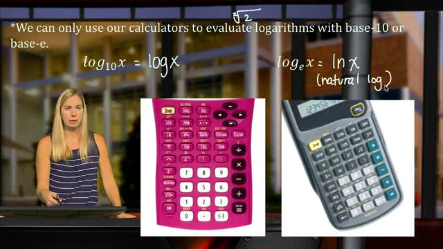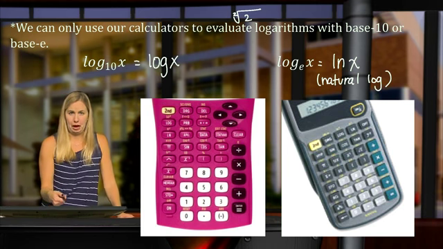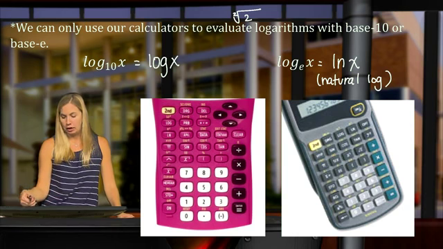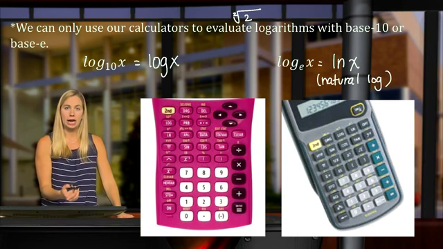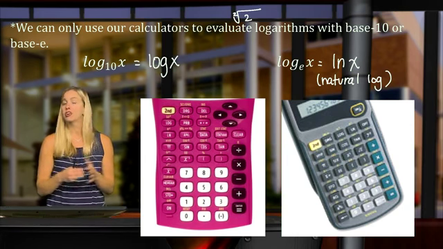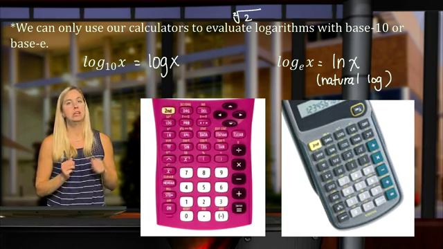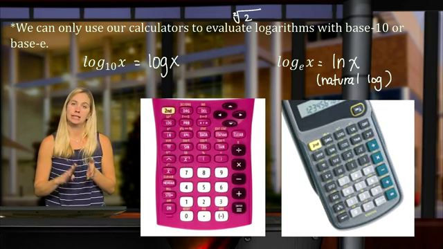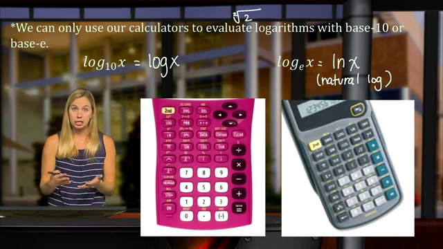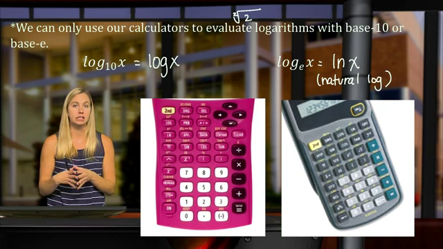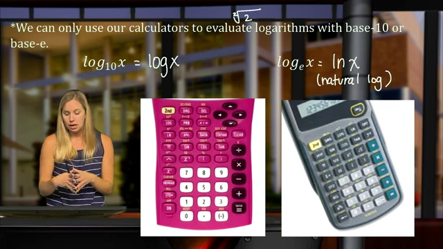Now I have these two pictures here. One is okay, the pink calculator's all right. The one on the right is not fantastic, but I want you to get your calculator out, whatever calculator you plan to use on the exam. Remember that you're only allowed a scientific calculator. A basic calculator will not have these buttons.